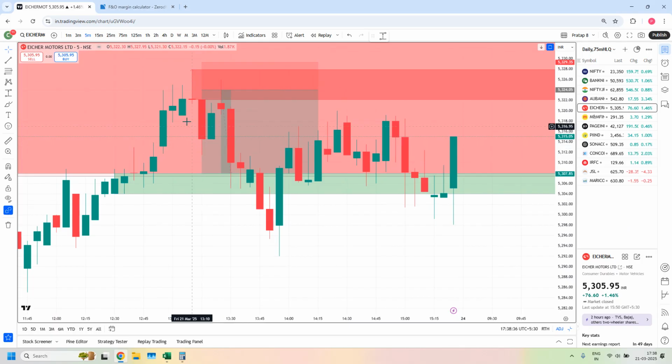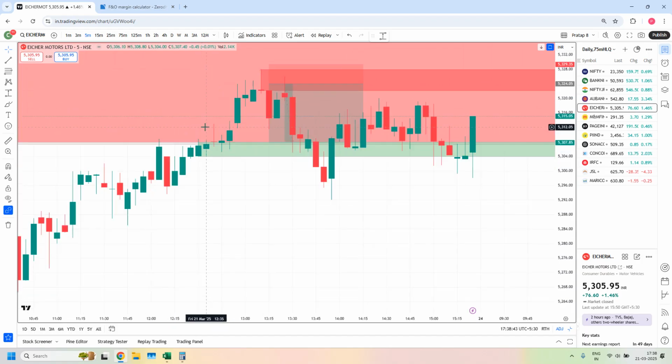What is a dynamic zone? In the live market, fine-tuned zones will be created. Maybe a new 15-minute zone will be created, and inside it 5-minute zones will be created. Or in an already existing 15-minute zone, new 5-minute zones will be created. That is what you have seen in this example.